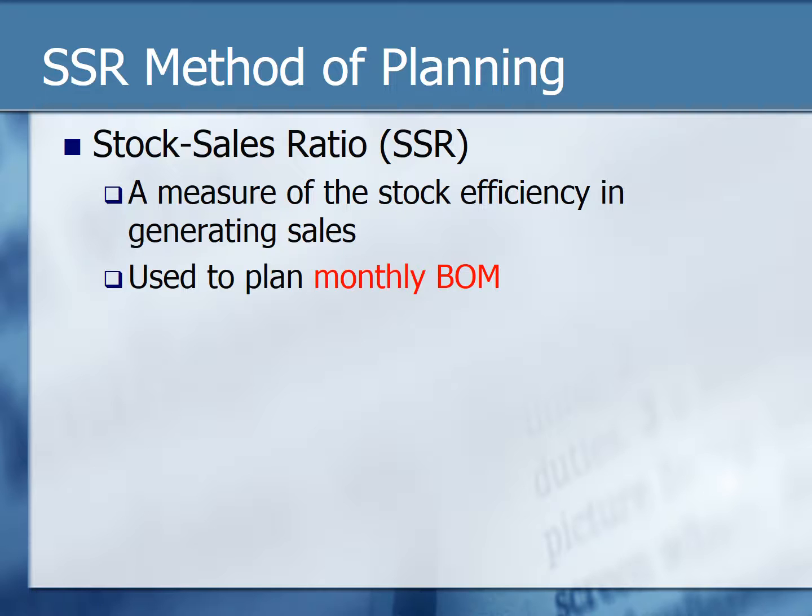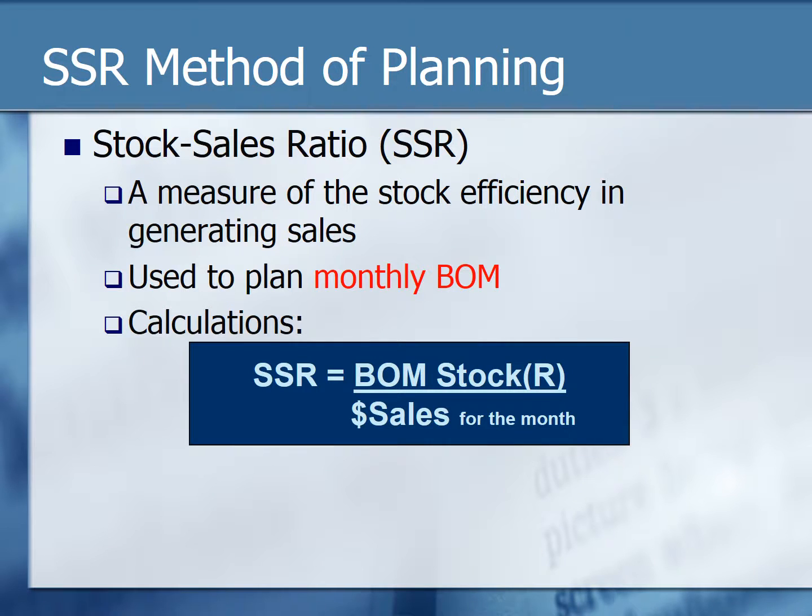Whereas turnover can be calculated for any period of time, such as seasonal, annual or quarterly turnover, stock sales ratio is always calculated for each month. So SSR is always a monthly figure, and we plan an SSR for each month separately.